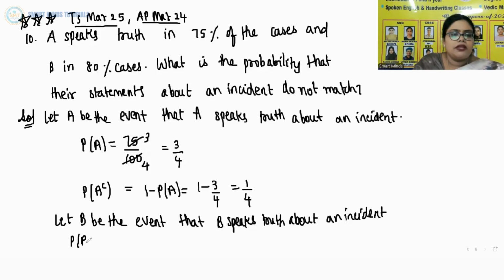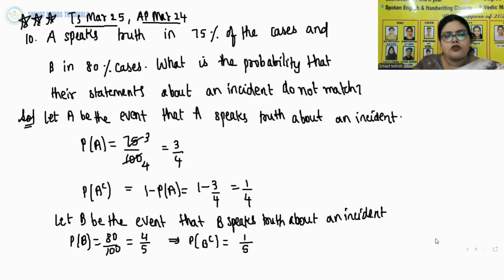So P of B is equal to 80 by 100. That is 4 by 5. So if P of B is 4 by 5, then P of B complement will be 1 by 5, no? 1 minus 4 by 5 is 1 by 5. So we have P of A, P of B, P of A complement, P of B complement.